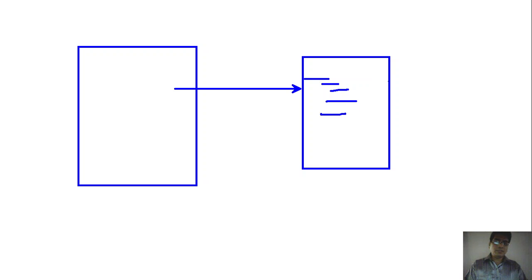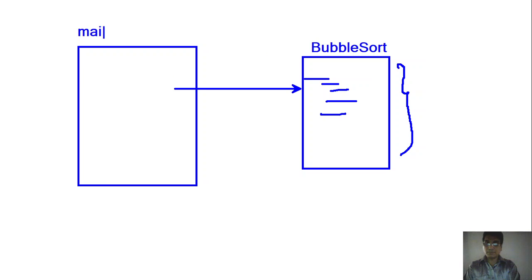So when the CPU is executing this subroutine, like this subroutine can be square root or your bubble sort, which you are already familiar with, from your main program you called this bubble sort, and when the CPU is executing this bubble sort, all the local variables are being used.